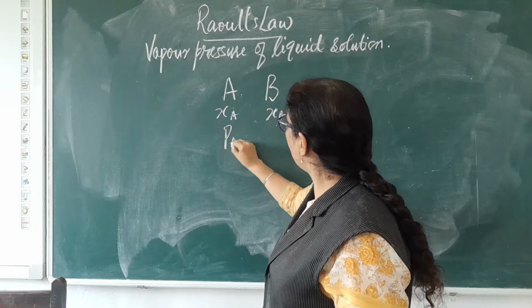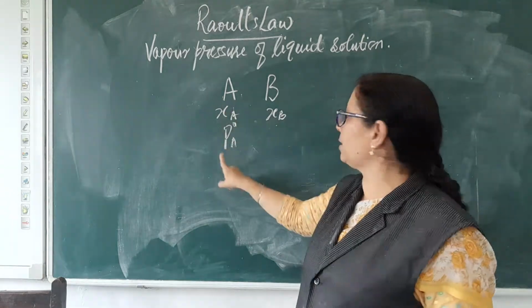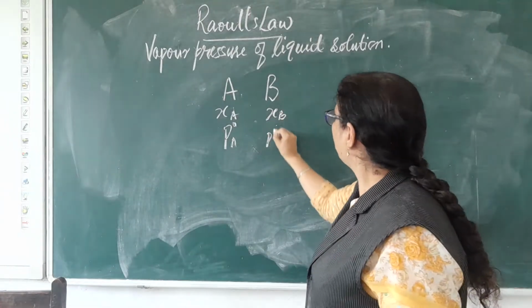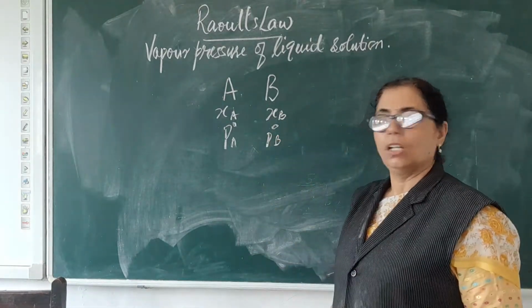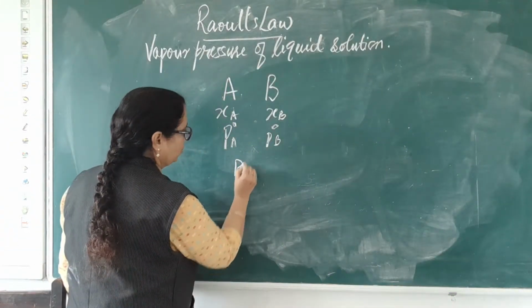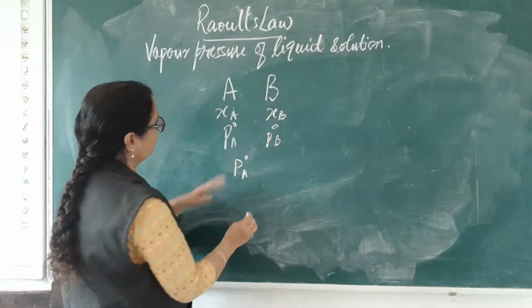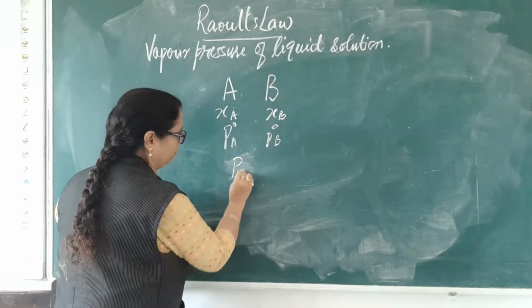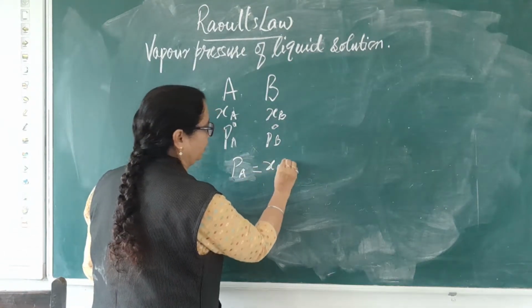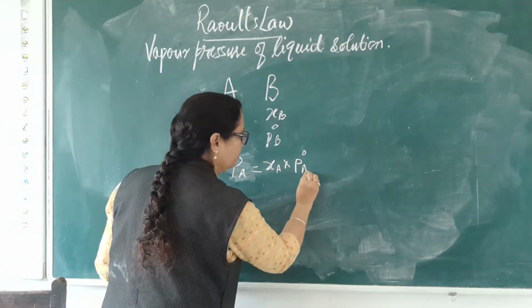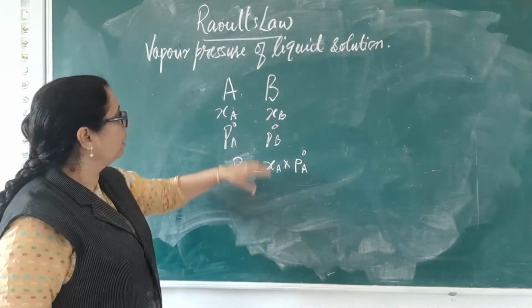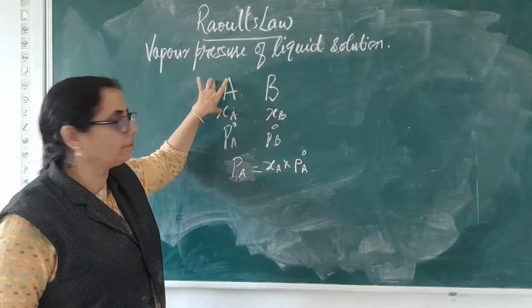The pressure exerted by pure liquid A is P naught A, and by pure B is P naught B. According to Raoult's law, the pressure exerted by component A will be equal to the mole fraction XA times the pressure exerted by pure component A. The total pressure exerted will depend upon each of these components.